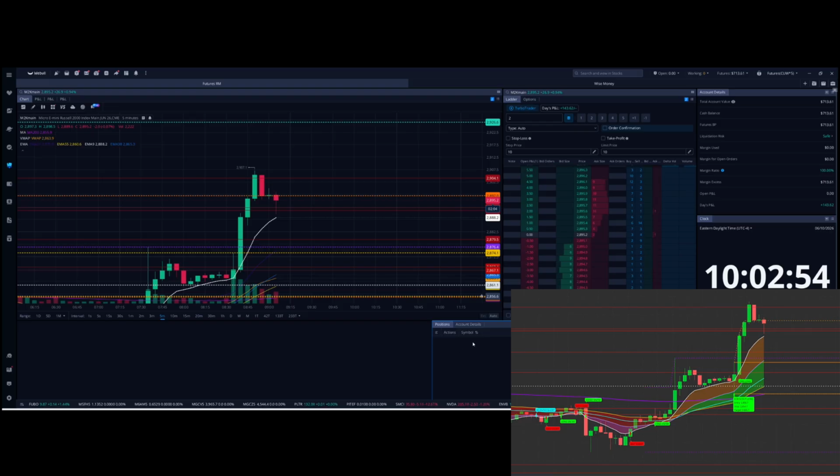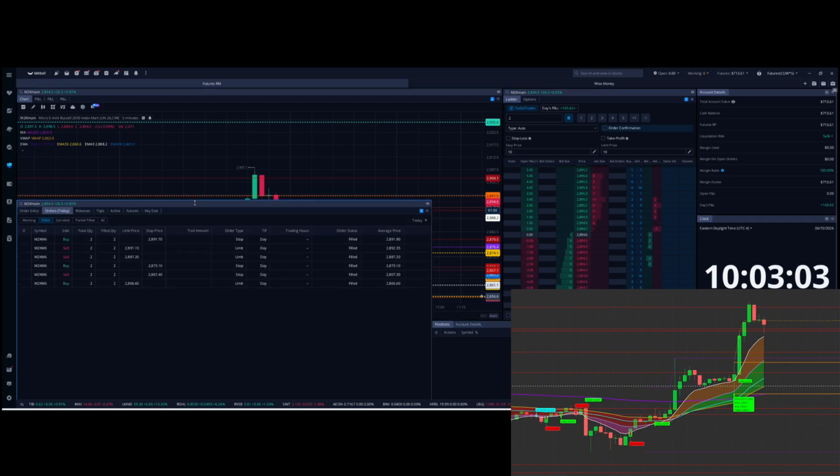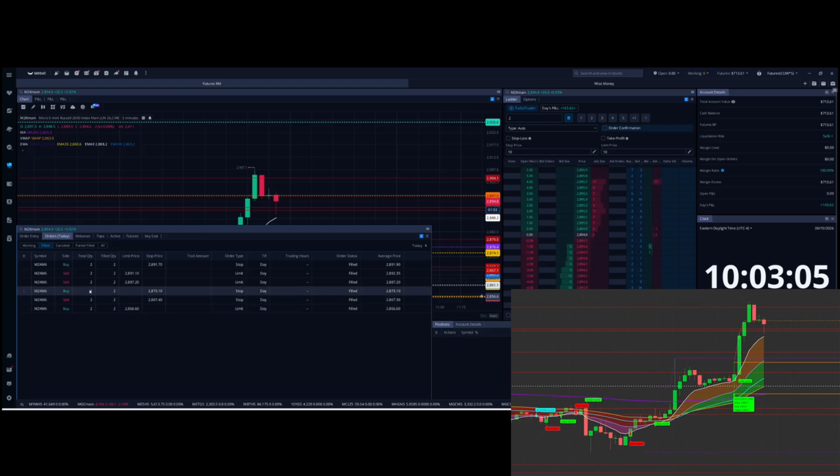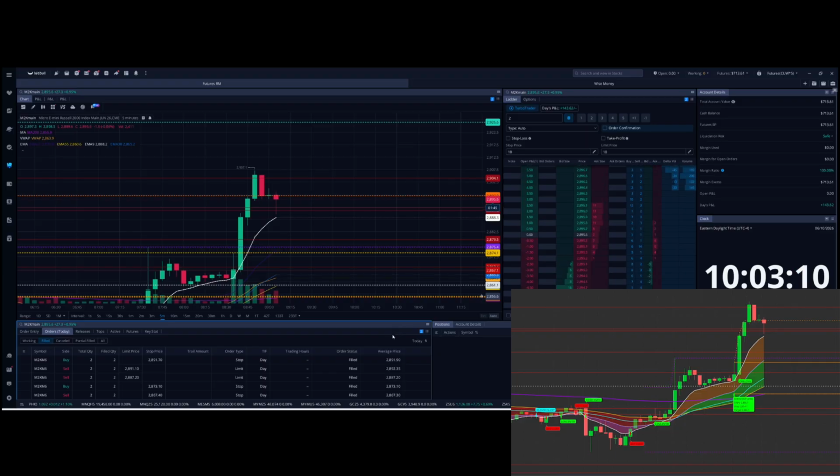Let's see, what trade was that? 3 trades? Yep, 3 trades. No losses, so that's good.